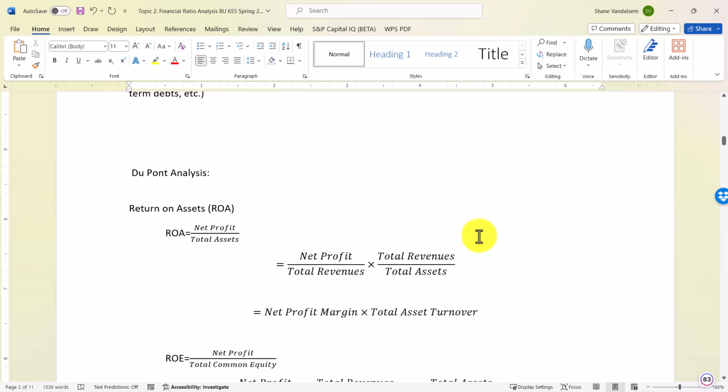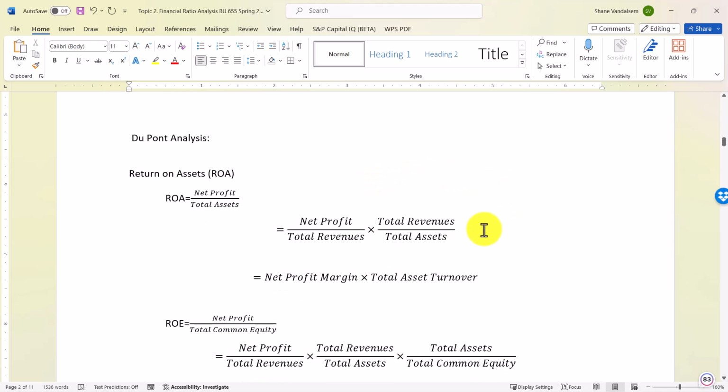And we'll get into that total asset turnover when we talk about the asset management ratios. So if you look at this, net profit divided by total revenues multiplied by total revenues divided by total assets, if you cross multiply those total revenues out, you get net profit over total assets. The reason why the folks at DuPont break this out, though, is they want to see where performance is coming from.